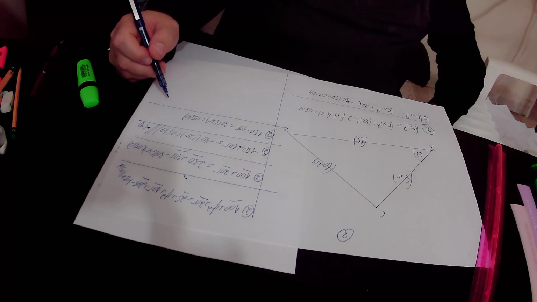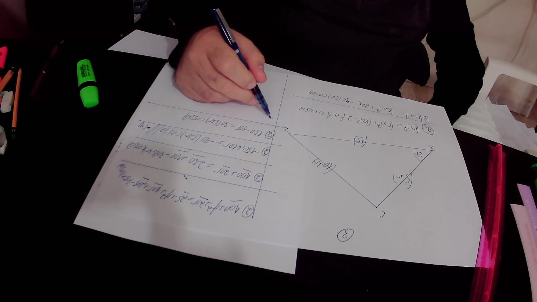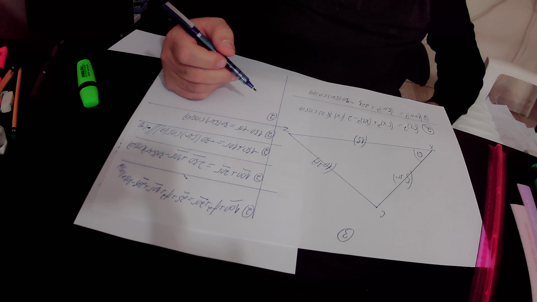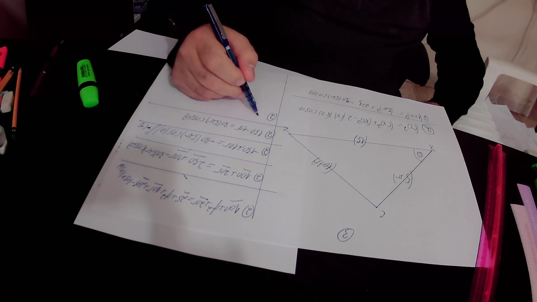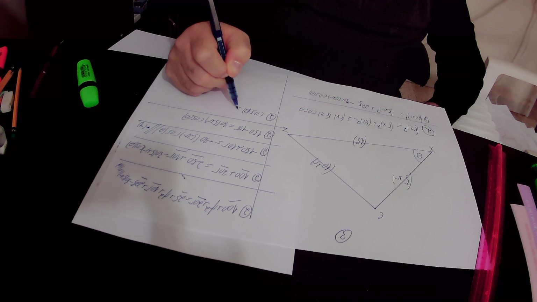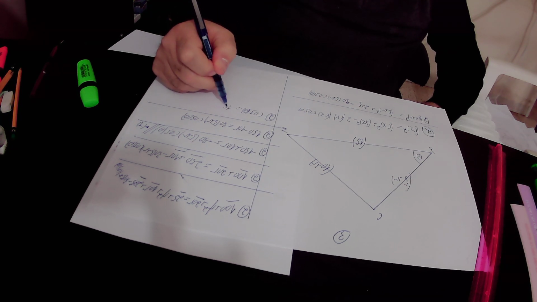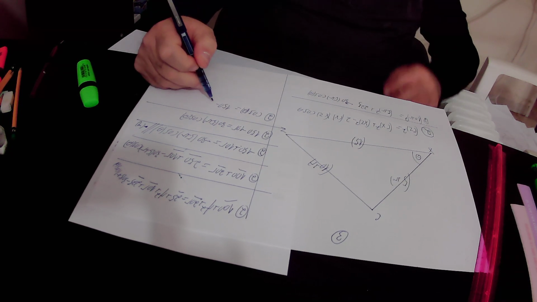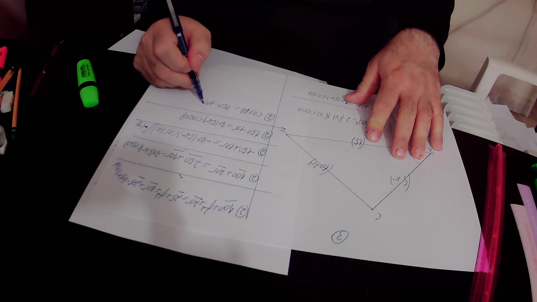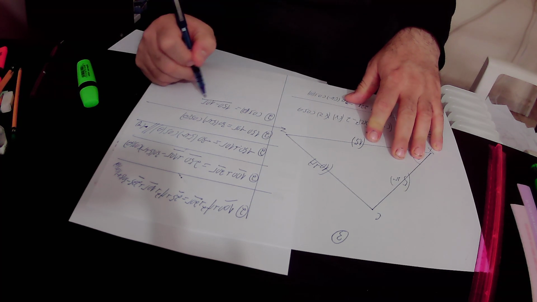Here we will divide equation number 2 by 30 times (5 plus r), and we will get that according to equation number 2, cosine theta is equal to (150 minus 10r) over 30 times (5 plus r).